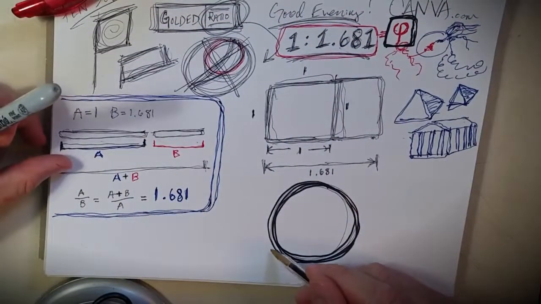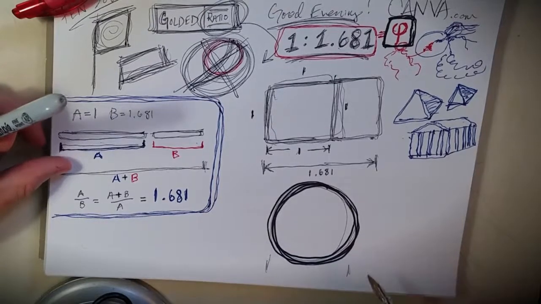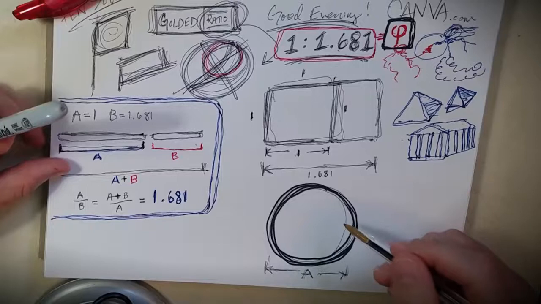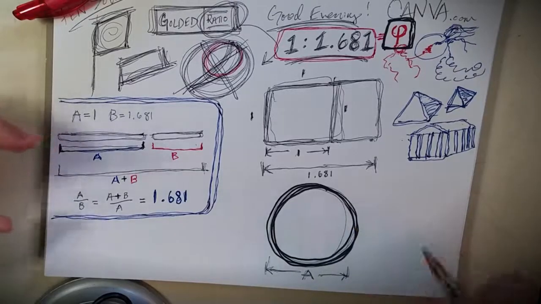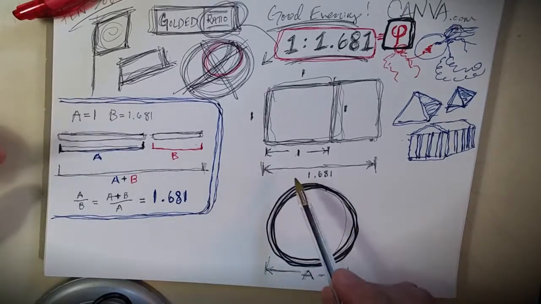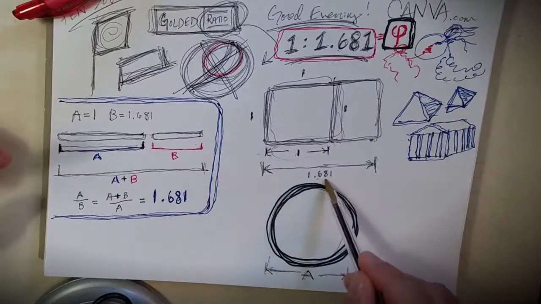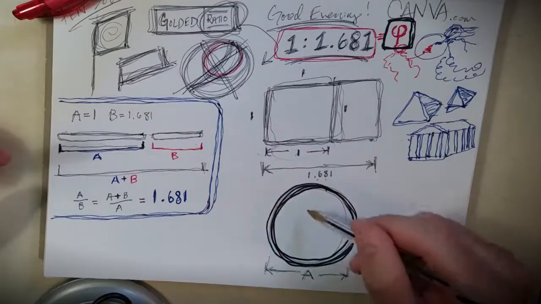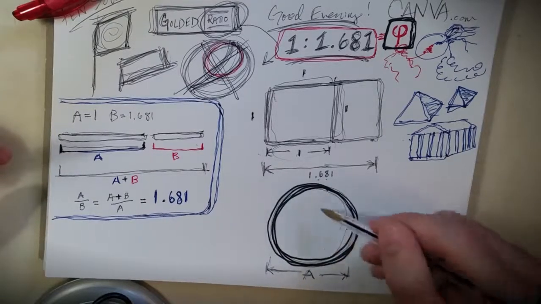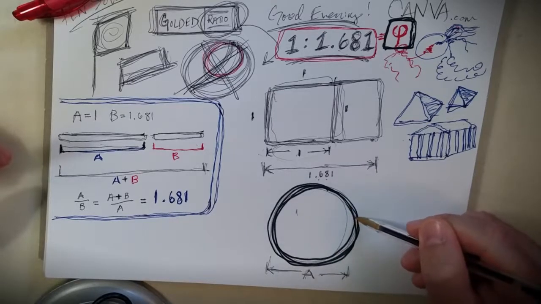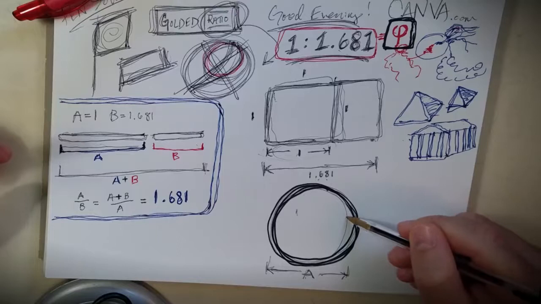So if we consider the diameter of this circle to be A, we're going to use that as A. If that's our unit, then we take 68.1% or 0.681, and we make roughly not half but just over half. So like right there to there, and I guess it would go like that.